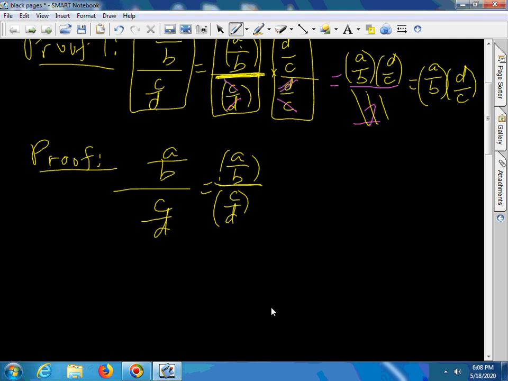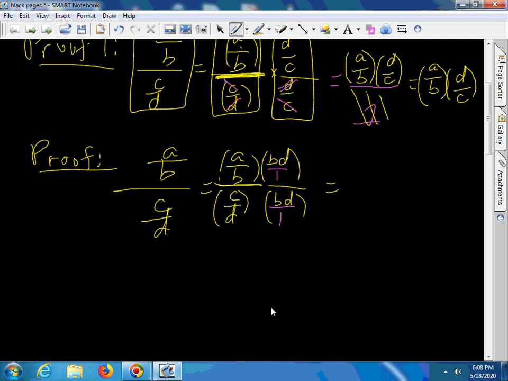Well, if I multiply the numerator by bd and the denominator by bd, if it makes you happier, you can say over 1. That fraction is 1 for one reason and one reason only. The numerator and the denominator are the same.